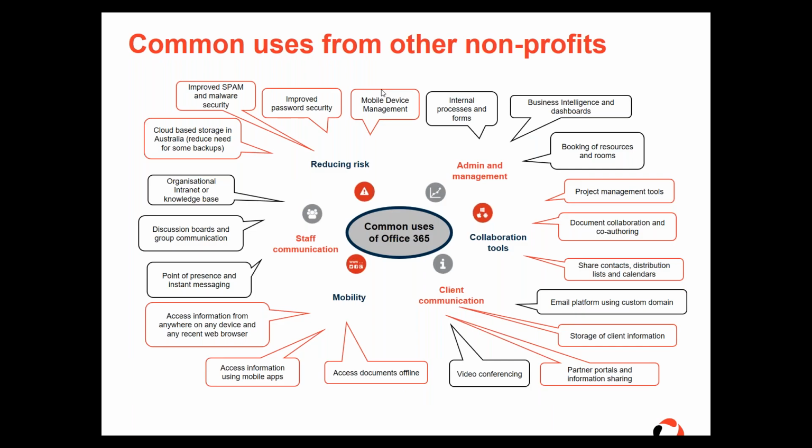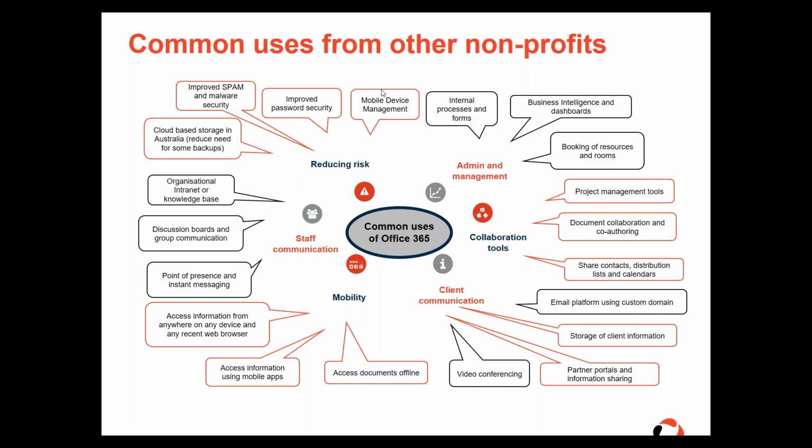So as we said, there are a lot of different ways to use Office 365, and some organizations, some of our clients, just use it for email, and that's fine. Other clients use it for a whole range of things. Some of the more common ones, as we said, are email, replacing your Exchange server, and documents, so things like SharePoint and OneDrive, replacing your file server, contacts and those sort of things.